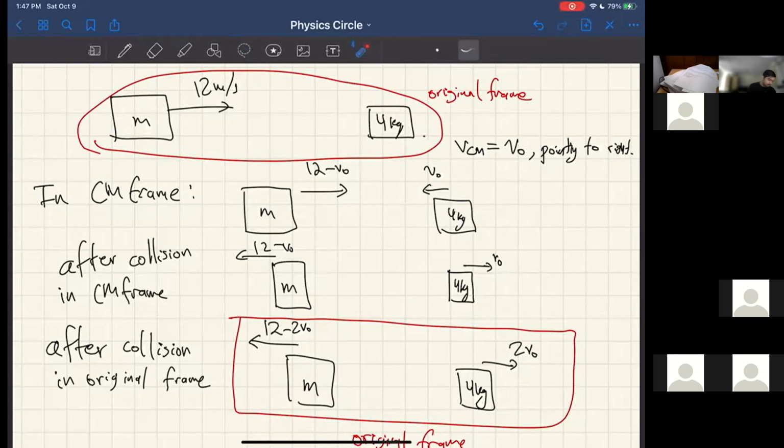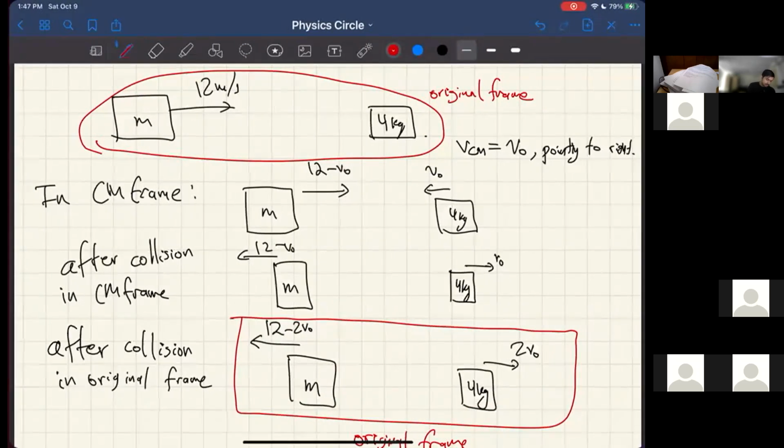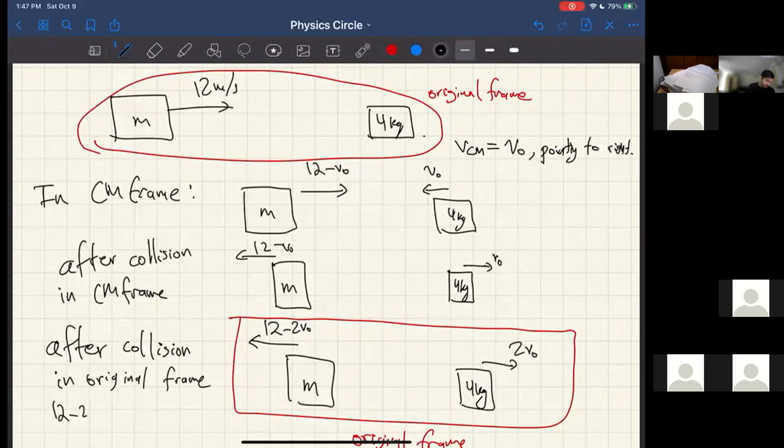And then in the problem, we're given that 12 minus 2V0, this velocity to the left, is just 6 meters per second. So that means that V0 is 3 meters per second.